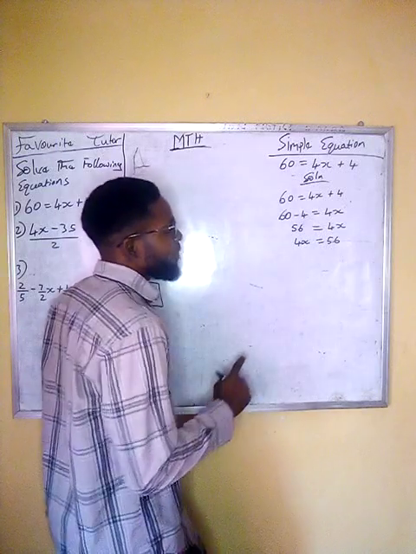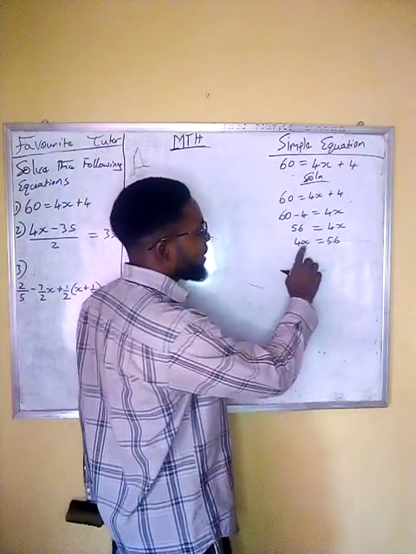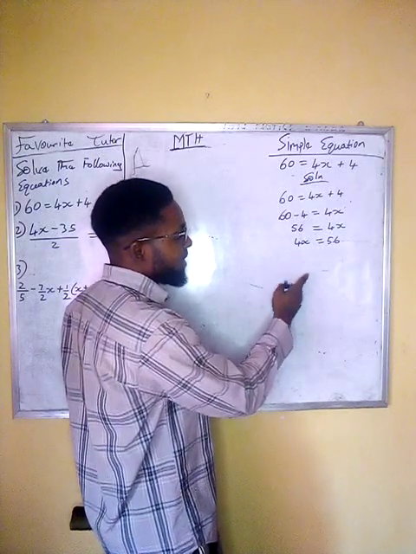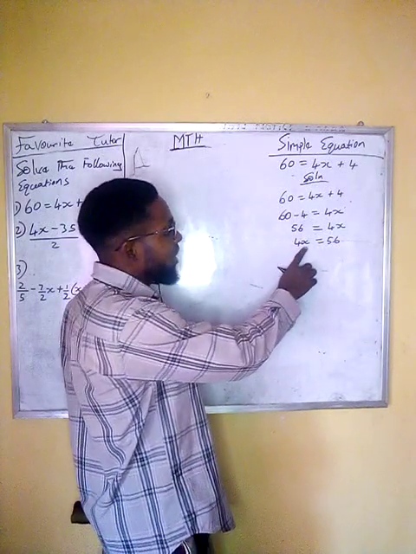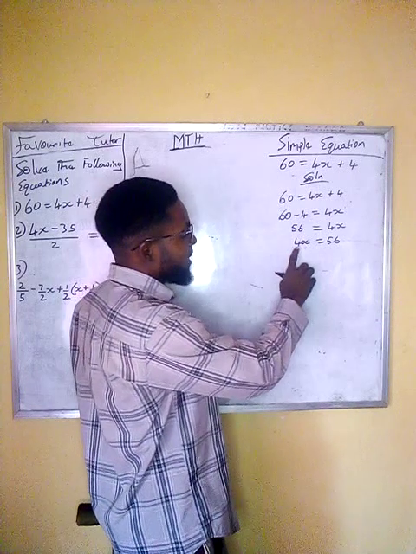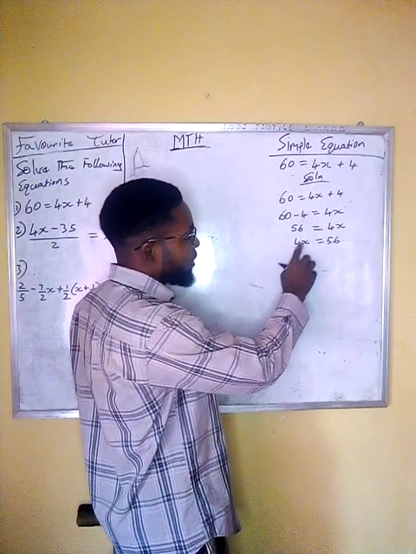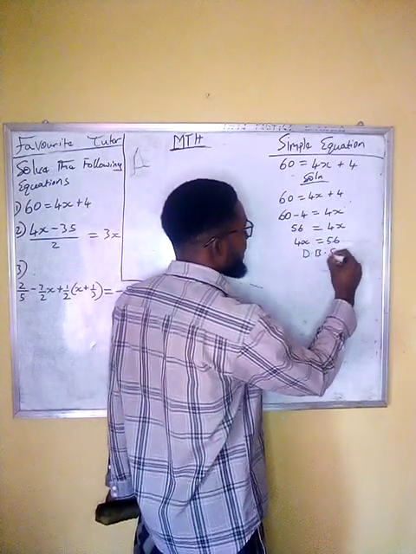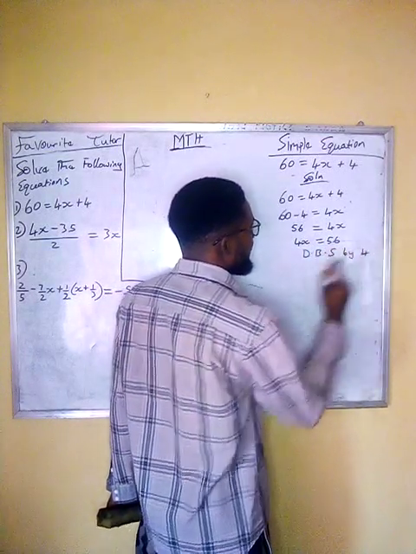So therefore, we are going to divide both sides by the coefficient of x to make x stand on its own. What is the coefficient of x? The number that is attached to x, the number multiplying x. Which number is that? 4. So therefore, divide both sides by 4.